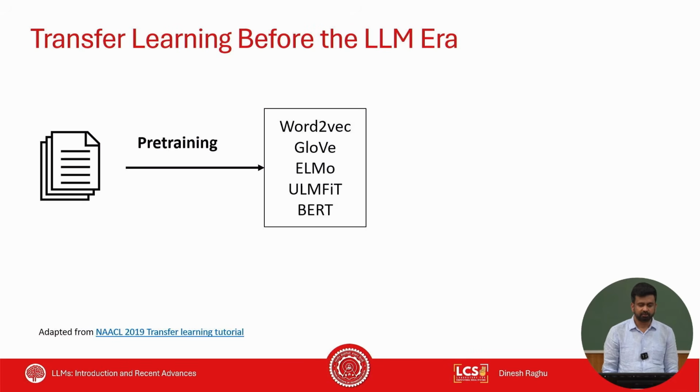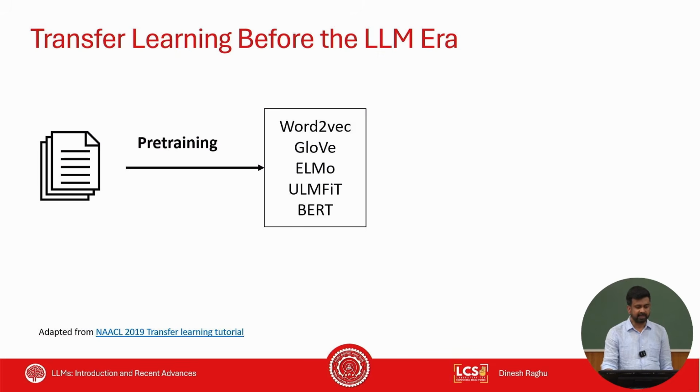just look back to see how things were before large language models came into the picture, right? So typically this was the transfer learning era, where when you have large unlabeled corpora at your disposal, you use them to get a sense of world knowledge by learning word representations, contextual word representations, or sentence representations, and then transfer this knowledge to a task-specific case.